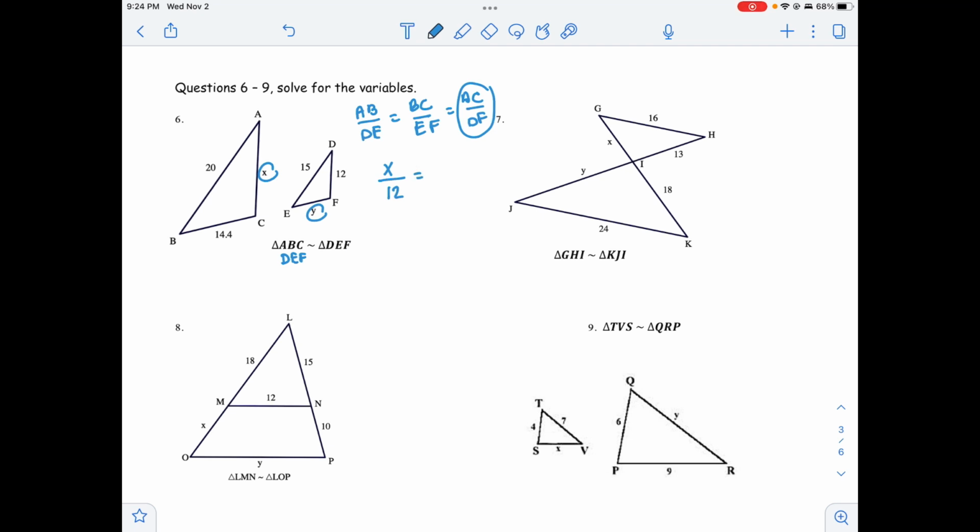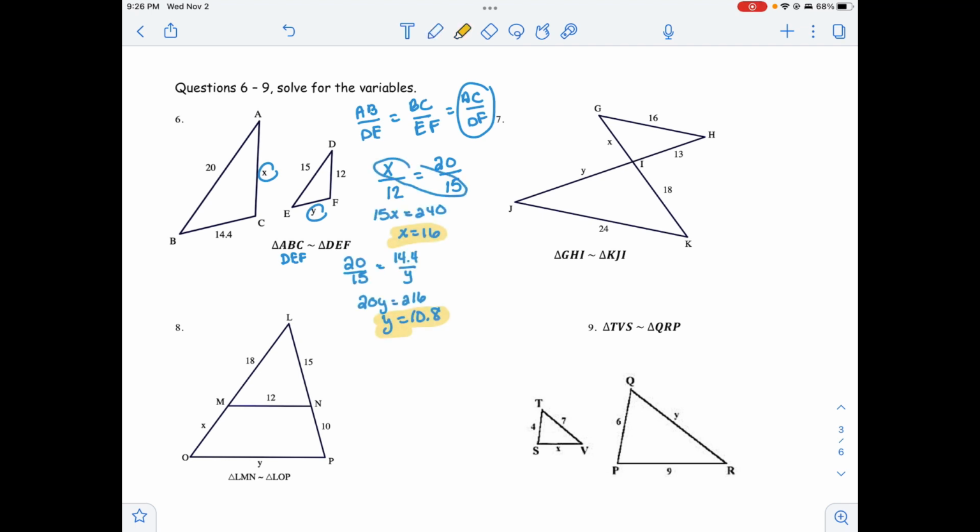We obviously don't want to use E to F because we don't know what Y is, so we'll compare it to AB, which we know is 20, over DE, which is 15. Now, from there, we can do cross multiplication and solve. And the same way could work for our Y value, and we would set them up. So when you go ahead and pause, try to work it, and then see what you get.